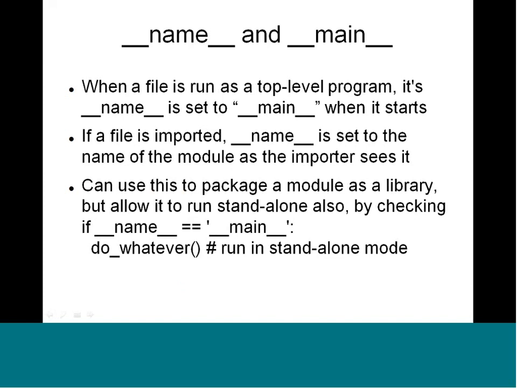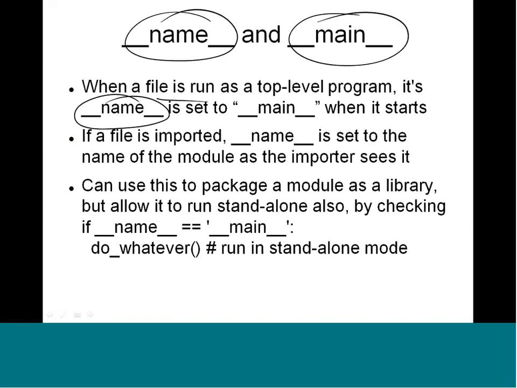Now the same thing, basically like __name__ and __main__. When a file is run as a top level program, its __name__ is set to __main__ when it starts. This concept is very similar to the C language.